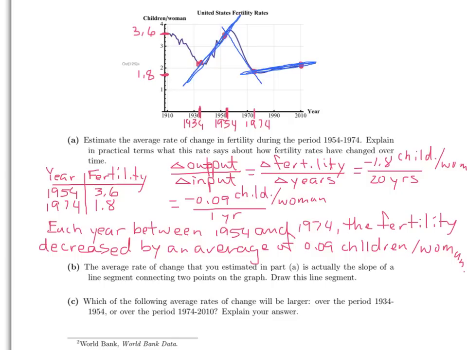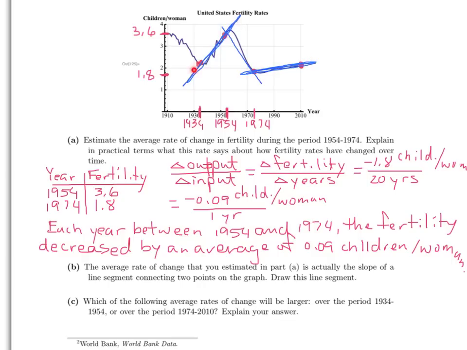So, the average rate of change of fertility over the period from 1934 to 1954 is the same as the slope of this line, and the average rate of change of fertility over the period from 1974 to 2010 is the slope of this line. If we want to know over which period the average rate of change is greater, we have to ask which of these lines has the bigger slope.